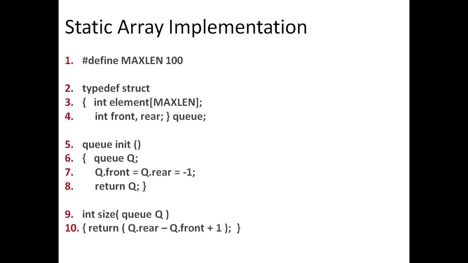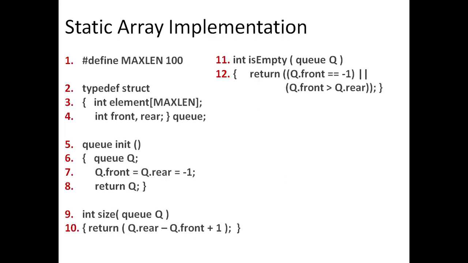The size function will return the difference between the rear and front pointers plus 1, as in simple queues front is less than or equal to rear. If it is exceeding the rear pointer, then that signifies the condition for underflow.